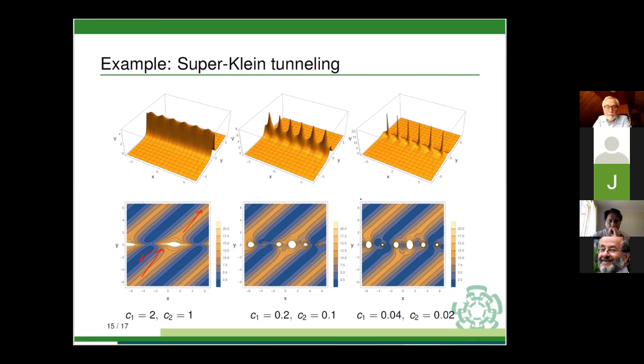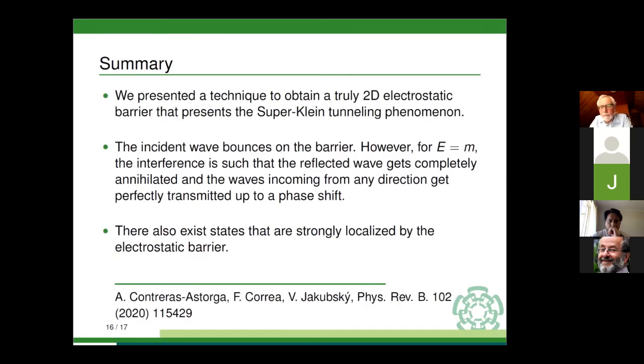Even if we vary these parameters, we still have this property, and this property will be maintained for any angle and in any direction. So we have super-Klein tunneling in this electric potential barrier. As a summary, we present a technique to obtain a truly two-dimensional electrostatic barrier that presents super-Klein tunneling.